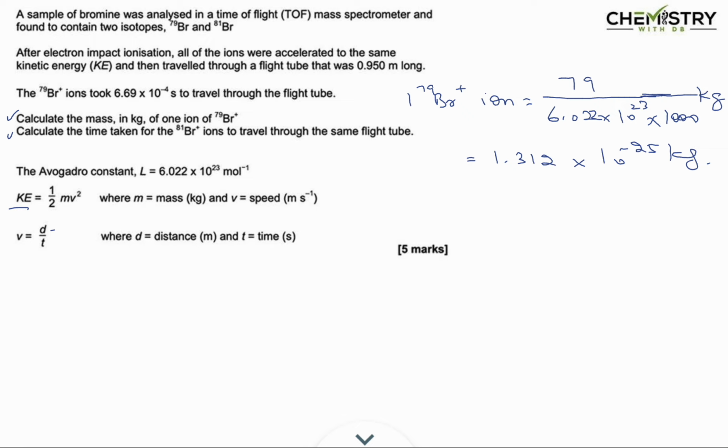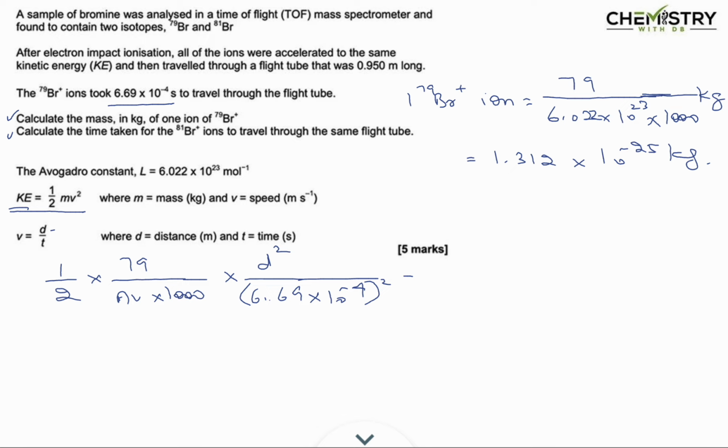Therefore the kinetic energy for 79 is going to be half times the mass, which is 79 divided by the Avogadro constant and times 1000, this is the mass of the 79 ion, times d squared, which is the length of the flight tube, divided by the time taken squared. The time is 6.69 times 10 to power minus 4, and that's equal to the kinetic energy for the 81.